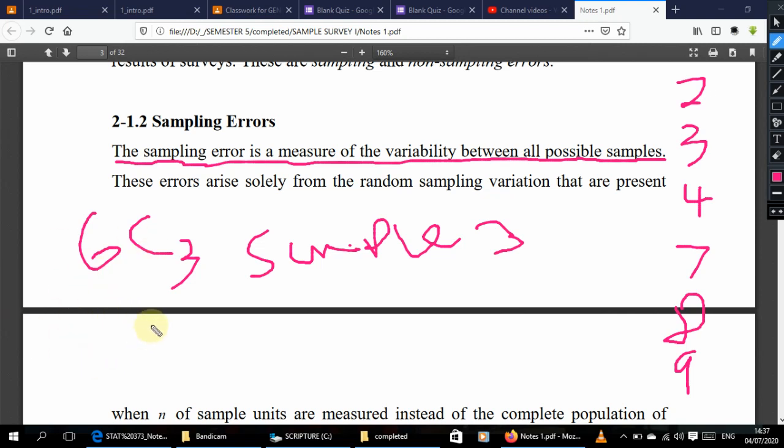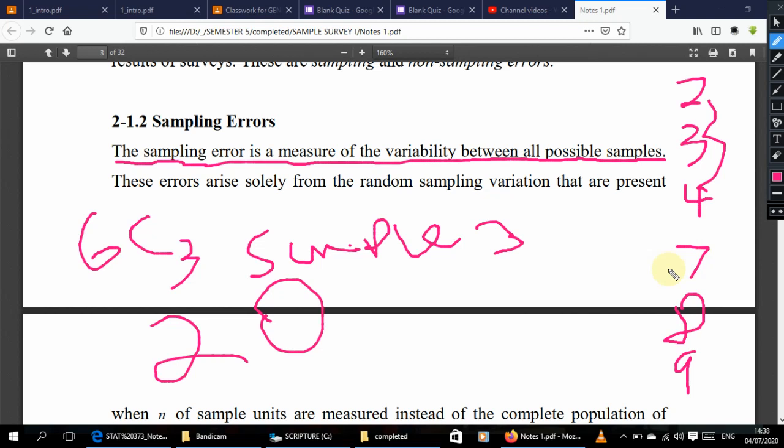A lot of them, isn't it? So now that you have 6 combination 3, which is 20 samples, it means that there is a lot of variation, because somebody will pick this and this, a different person will pick a different thing, so there's going to be a variation in the estimate that we are going to get.